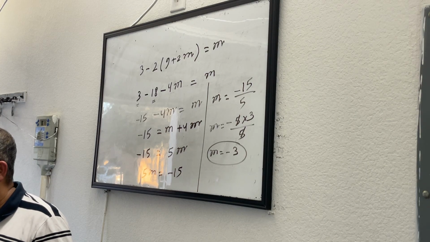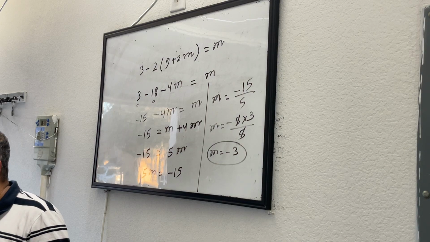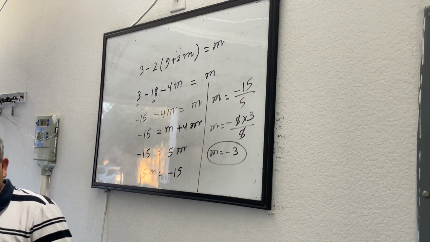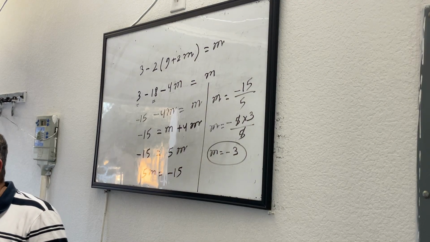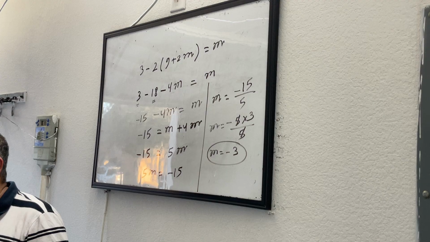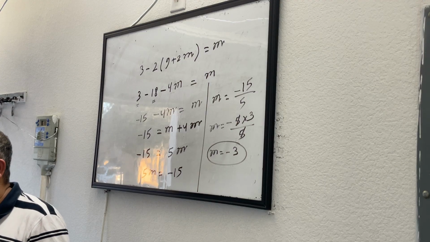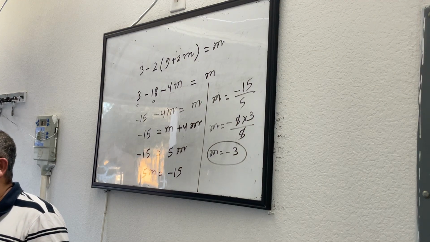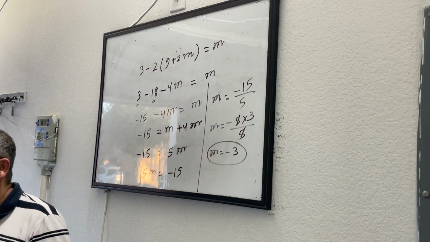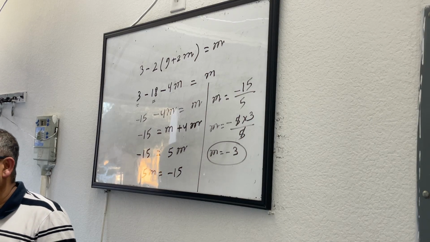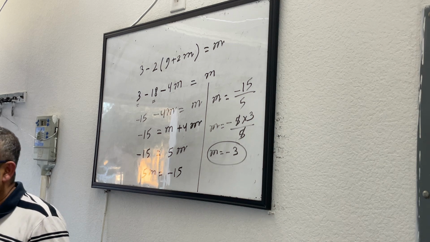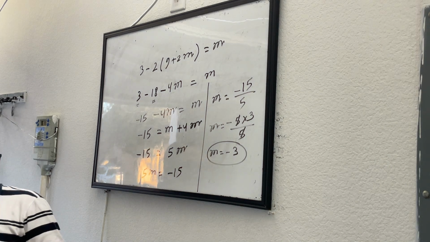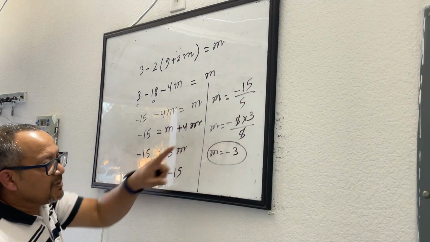I did get -3, but I just have a question. If m was a negative or a positive, and you brought it to the other side, would it change from positive to negative and negative to positive? It will. That's the rule, right? Let's say m equals -3.